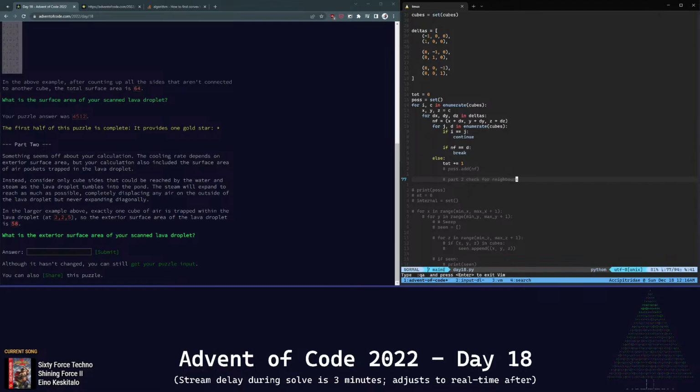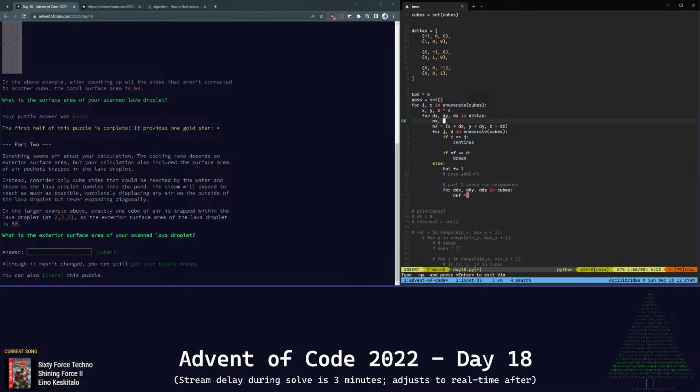So it's the same delta calculation. Definitely overcomplicated this.